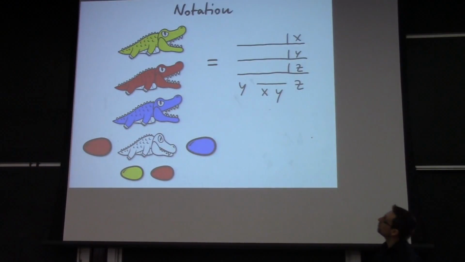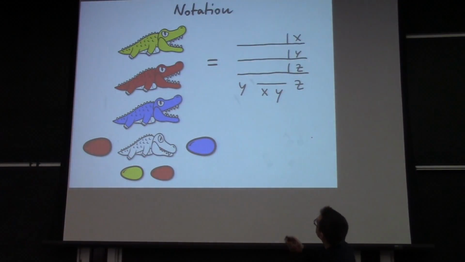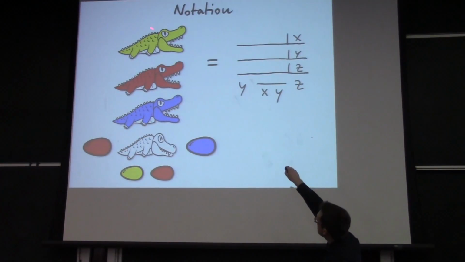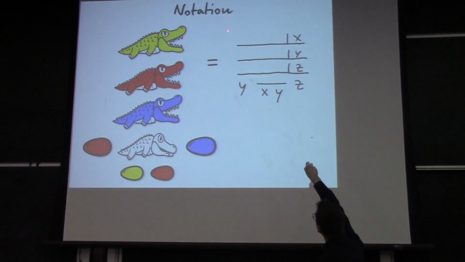Okay, before we go there, I'm introducing a slightly more compact notation for these families that is easier to read if these programs get more complicated. So if we have such a family here, we represent it by this kind of formula.